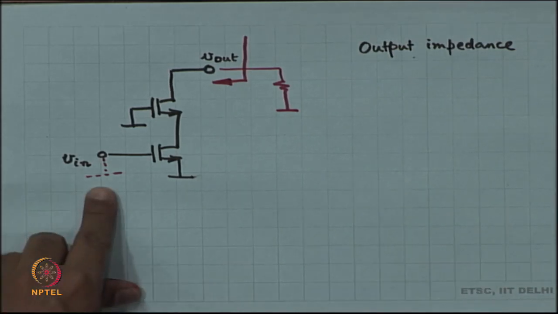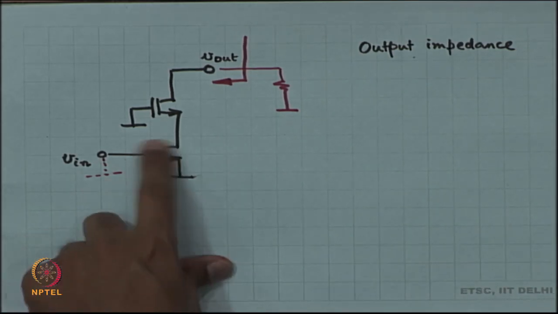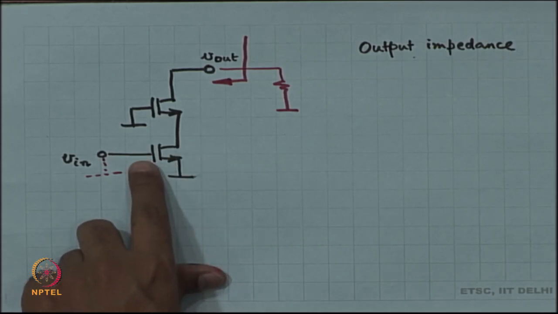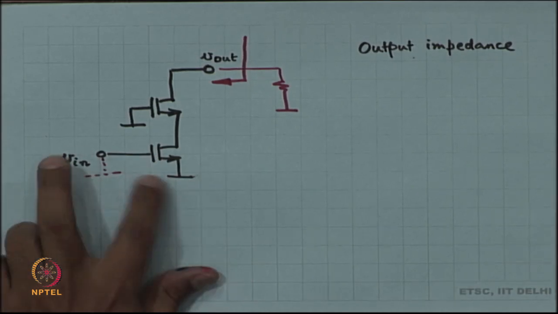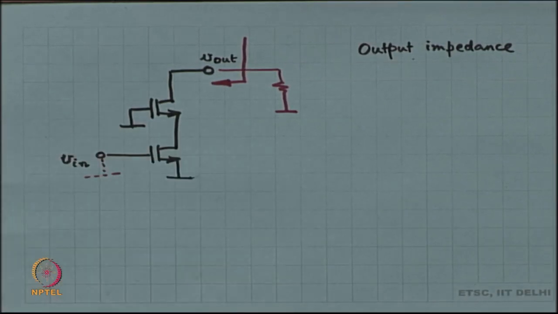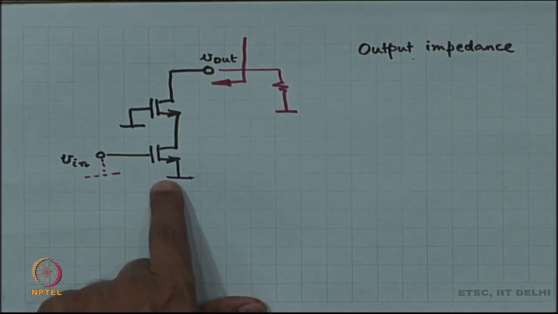Now, when I null this input voltage source, what happens to this MOSFET? This MOSFET has two elements inside. One is a GM times VGS, the other is RDS. There is also GMB, but both body and source are at ground for this particular MOSFET.